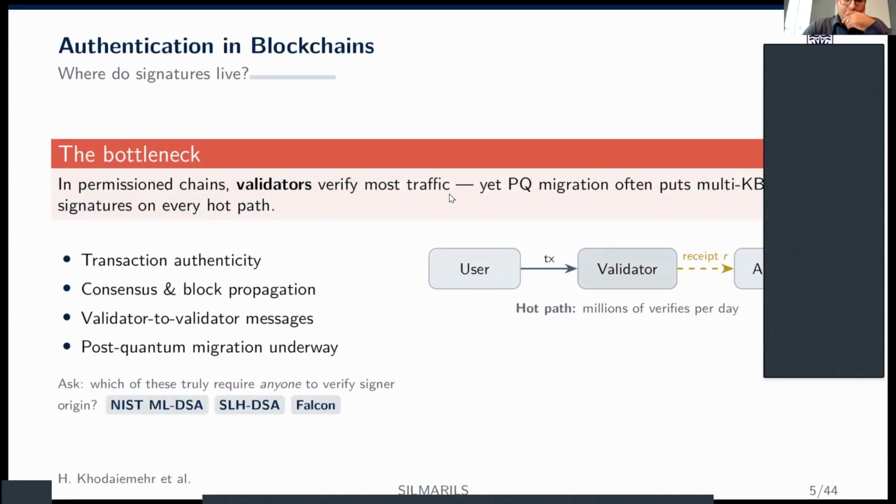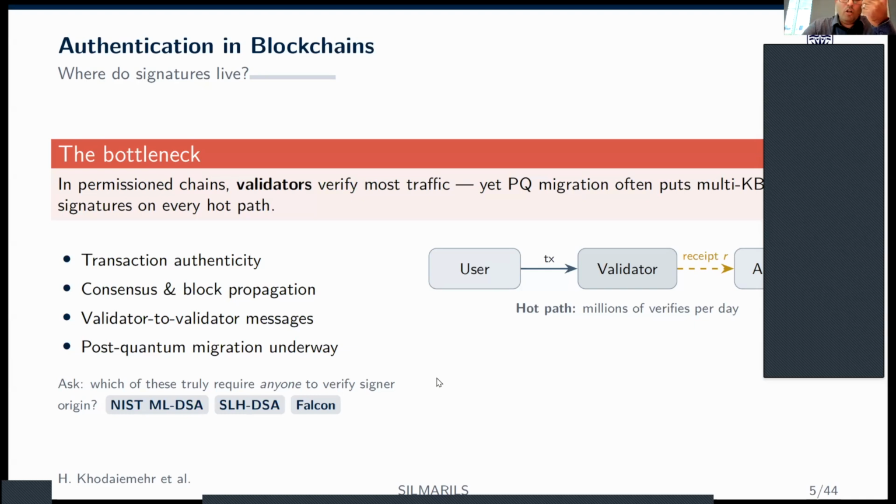To make that concrete, we first must know where authentication actually lives in blockchain. Validators verify most traffic, and yet PQ migration often puts multi-kilobyte public signatures on every hot path. Ask yourself: which messages truly need anyone to verify the signer's origin?